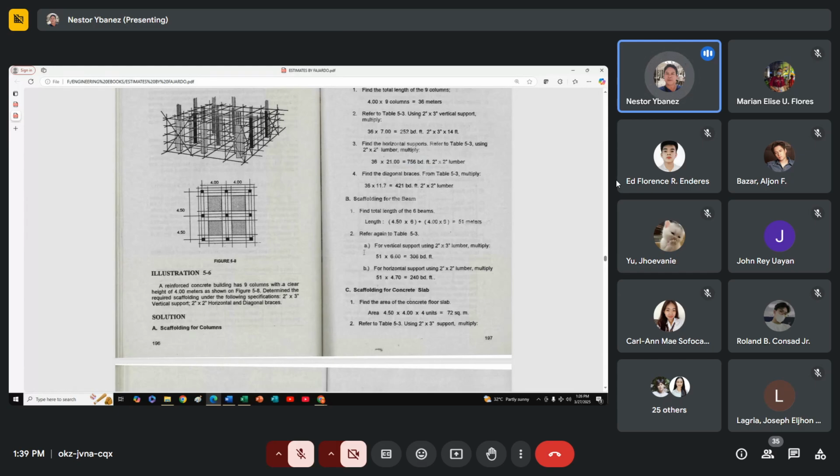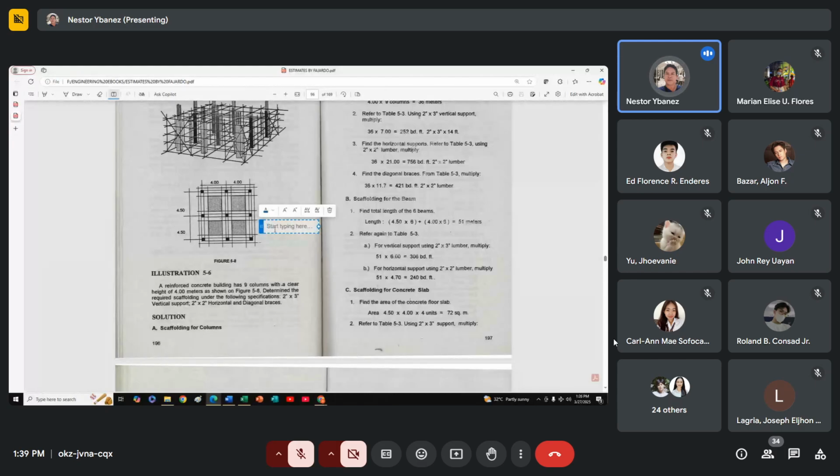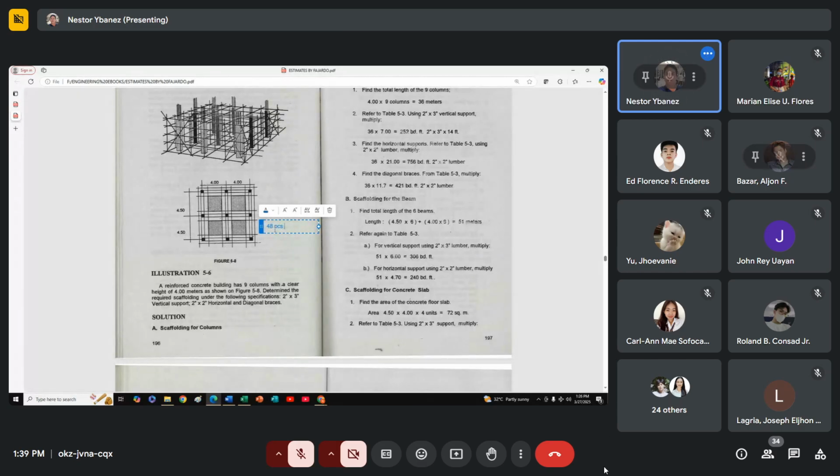By the way, I'm still checking your final midterm exam. For 8 pieces of 20 millimeters, that is very big.